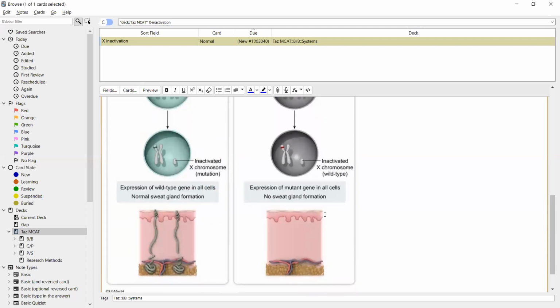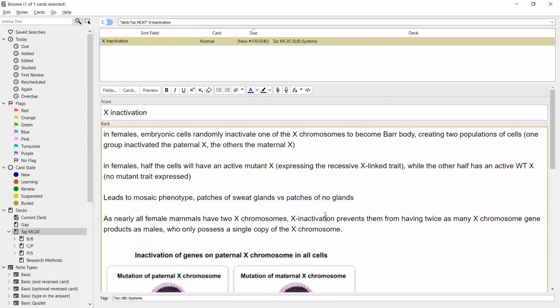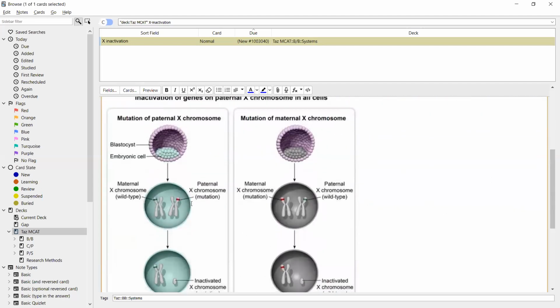Inactivated X chromosome. In females, embryonic cells randomly inactivate one of the X chromosomes to become a Barr body.